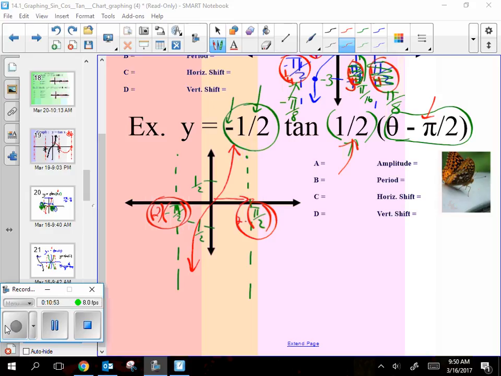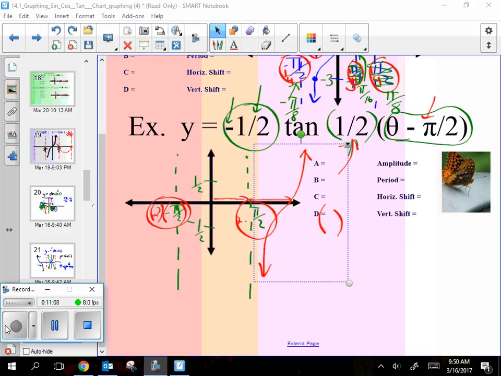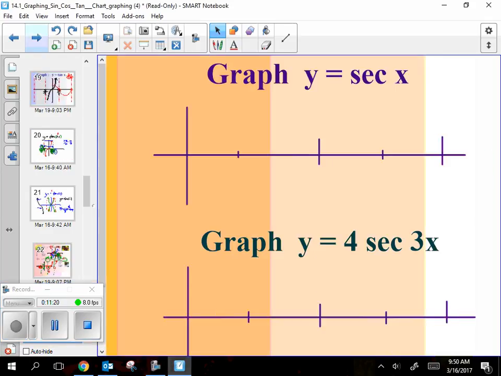I need to move it pi over 2. So that is twice as far. So I need to move it twice that distance and move the whole graph over. And so I can grab this guy and just move him over that far. And there happens to already be asymptotes there, so that works out pretty good, and I can make more asymptotes down here. Okay, that's a little bit messy, but it's the same process as yesterday.